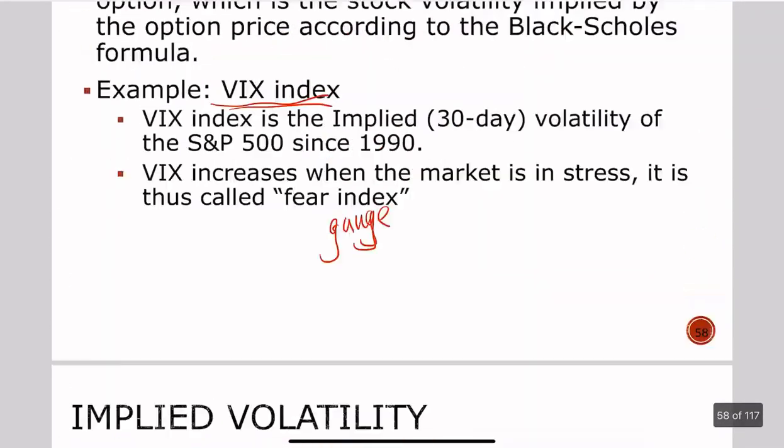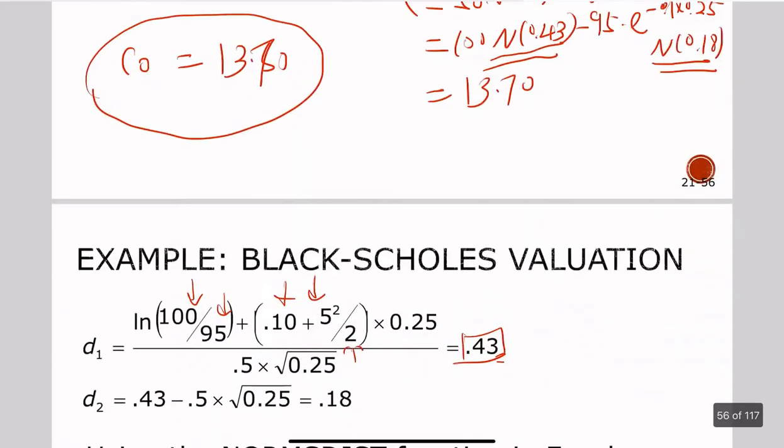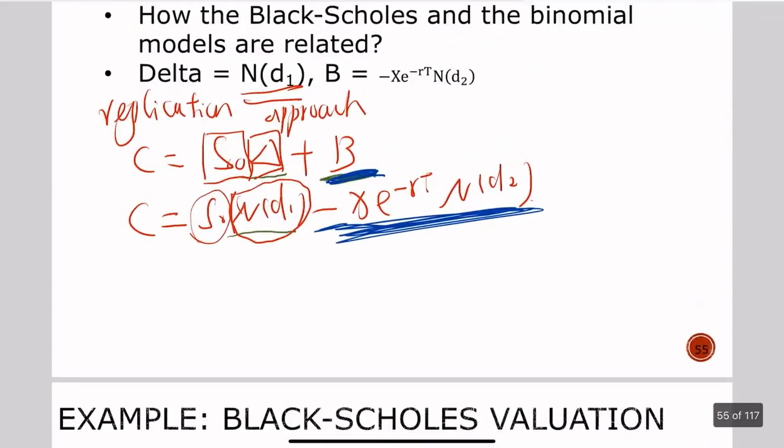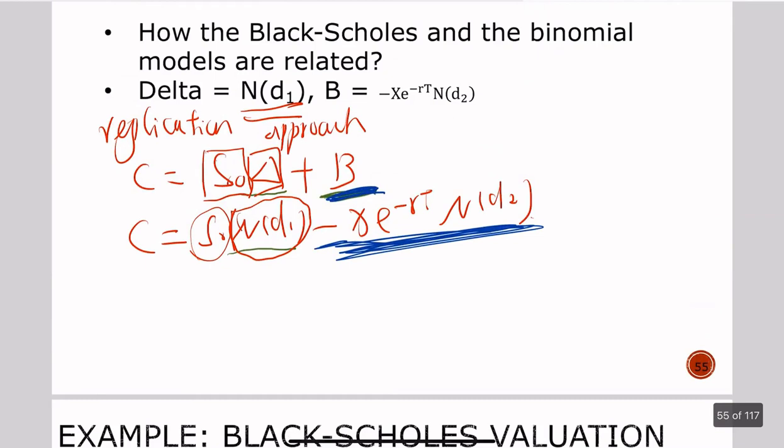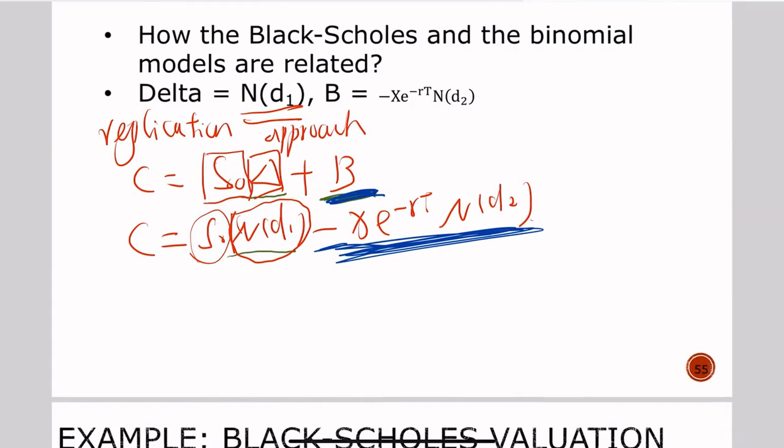And for a call option, the delta is always positive, because for a call option, delta equals N(d1), and N(d1) is a probability. We know that a probability is always larger than 0, so delta is a positive number.